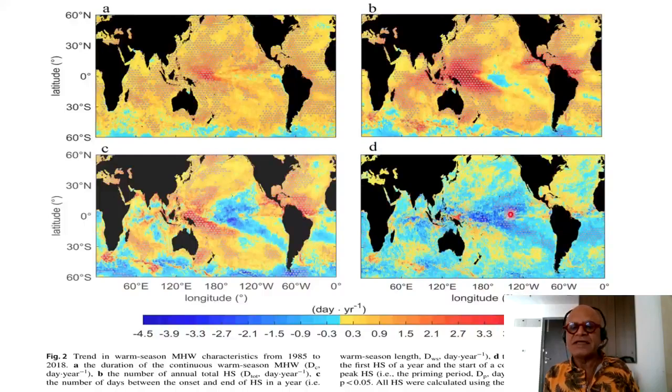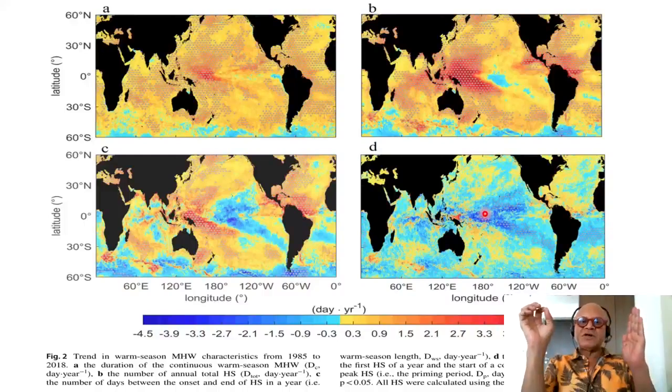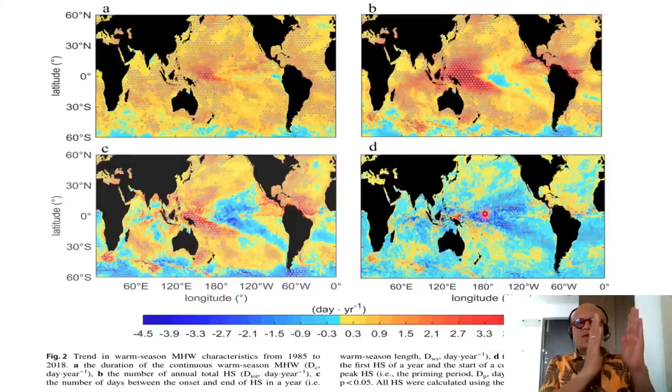So you can see that that has decreased, which is consistent with the fact that overall the duration of the heat waves has increased. So there is no gap between the first exceedance and the first arrival of a continuous HS number of days. Okay, so the heat waves are just kicking off and they are immediately increasing in duration.